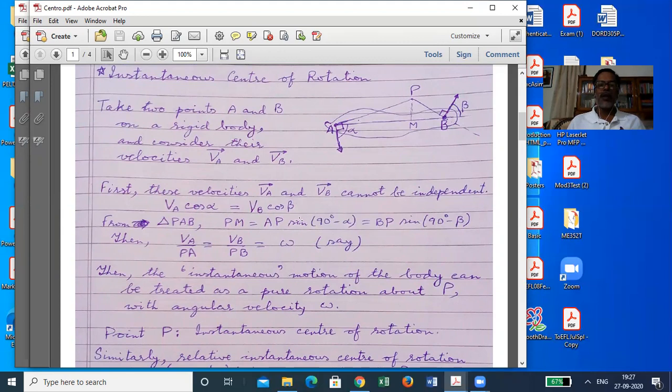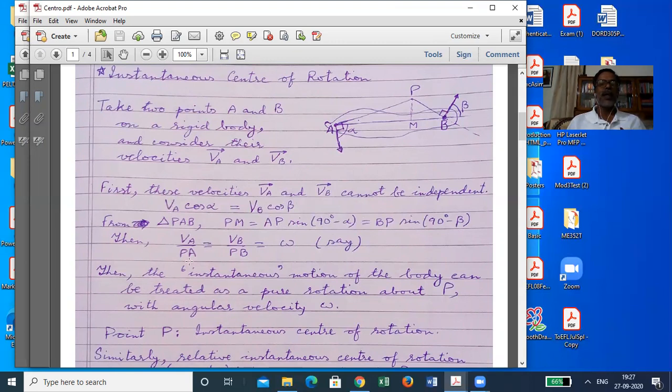So in the next step, we divide this equation with this equation. So this cos alpha and this cos alpha cancel, this cos beta and this cos beta cancel. Then what remains? VA by AP is equal to VB by BP.